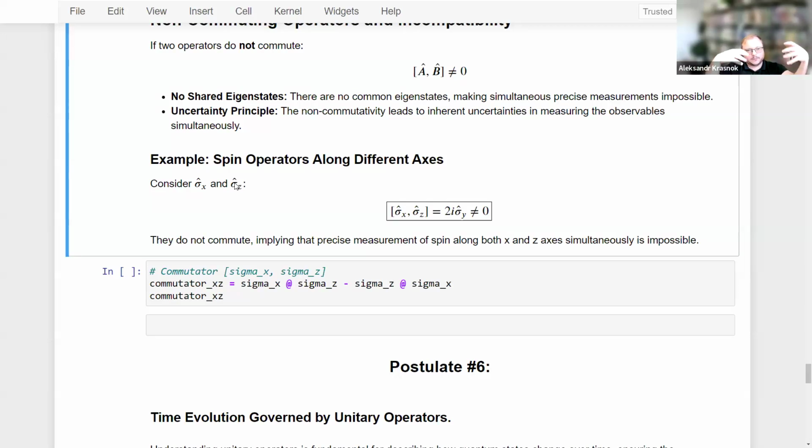So if I measure the spin orientation in one direction, it makes it impossible to measure the orientation in another direction.